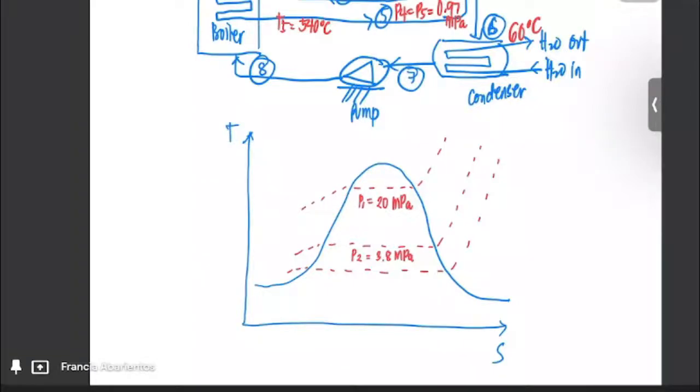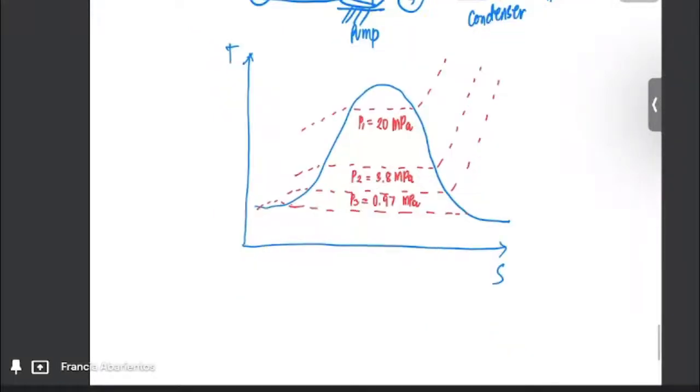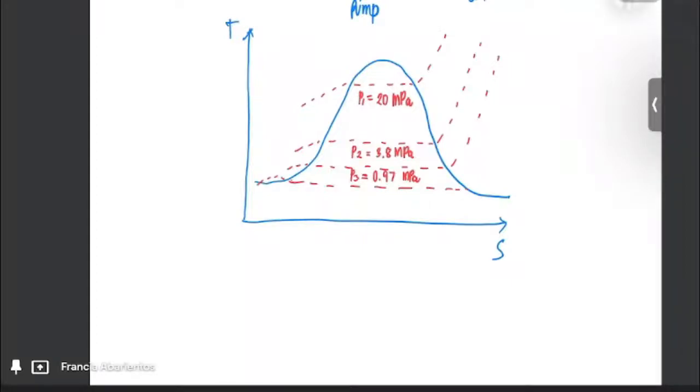And class, we have 0.97 MPa, and last is yung 60. Mababa na yung pressure natin at 60. So, mamaya, tingnan natin yung properties niya.